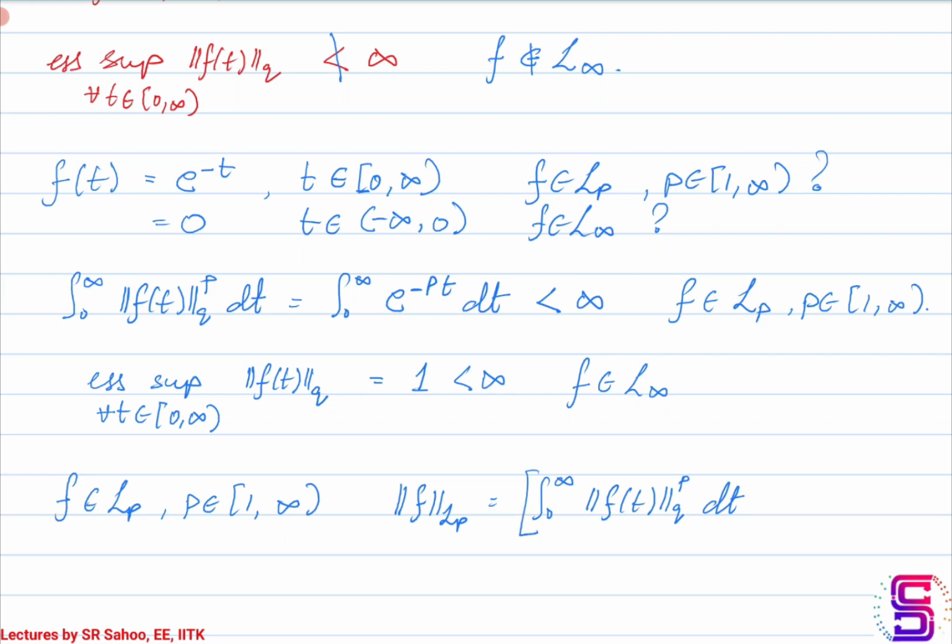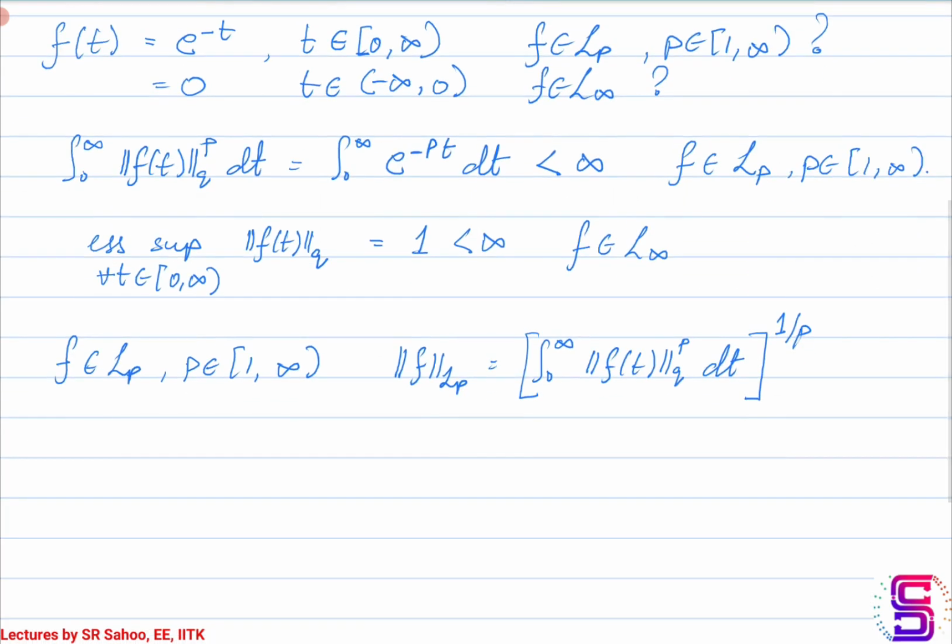The integral of that, dt, is raised to the power 1 by p. So this is the LP norm. And if f belongs to L infinity, then the L infinity norm is the essential supremum over the time interval 0 to infinity of the q norm of f of t.